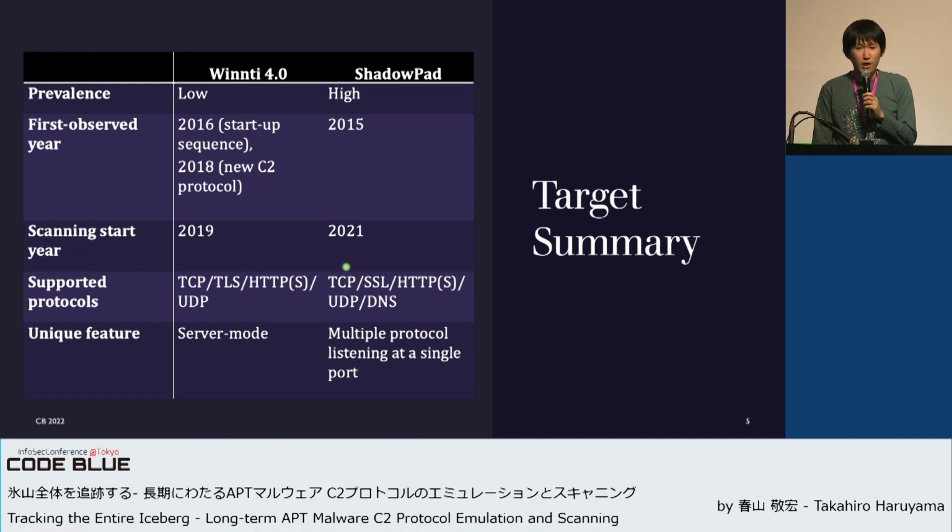The big difference is the prevalence. There has been minimal reporting on WinNTI, while there are a lot of publications regarding ShadowPad. I will explain details, including the unique feature in each section.